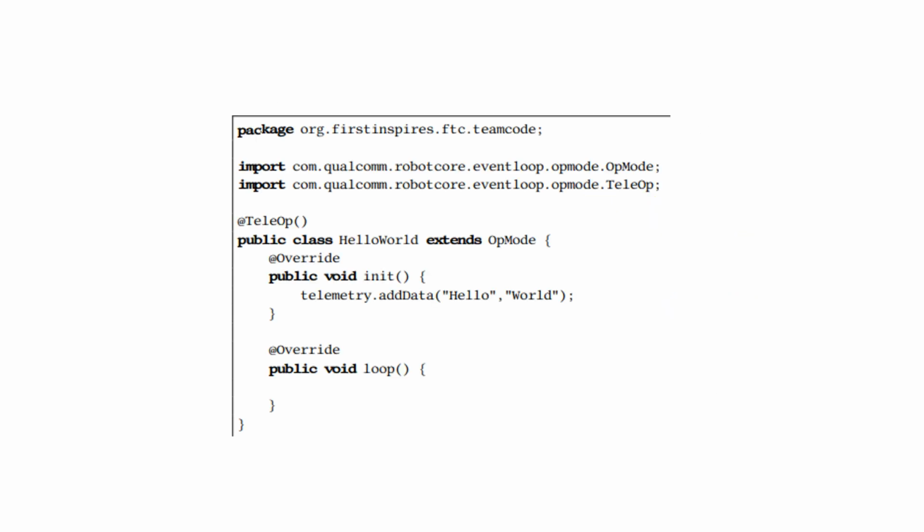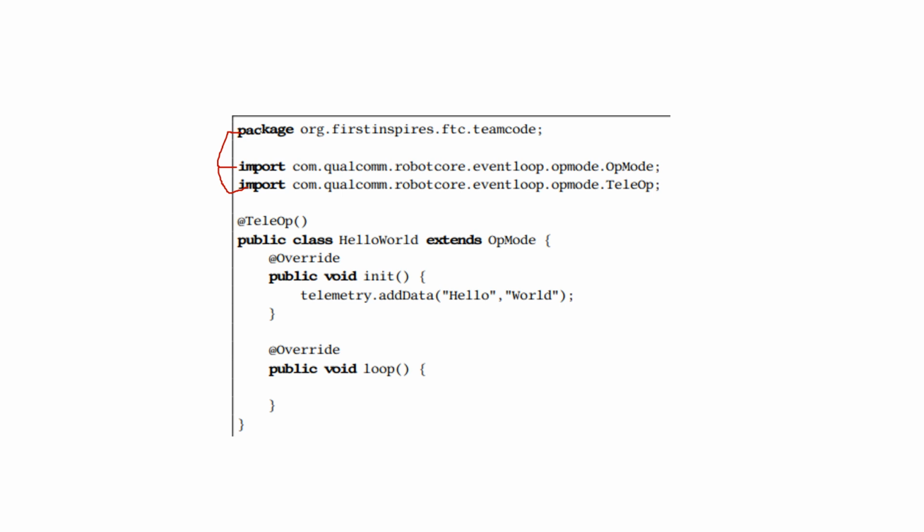Here's an example code. The first, second, and third lines: if you're using Android Studio, you won't have to enter any of these lines. It will automatically add them for you, but it's still pretty important to know what these mean.